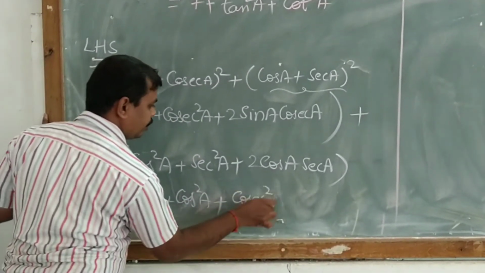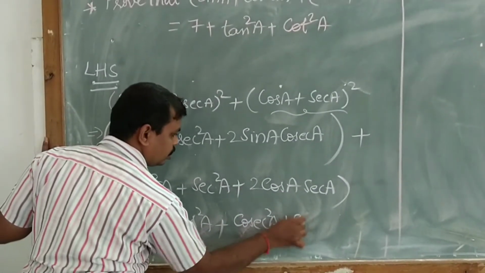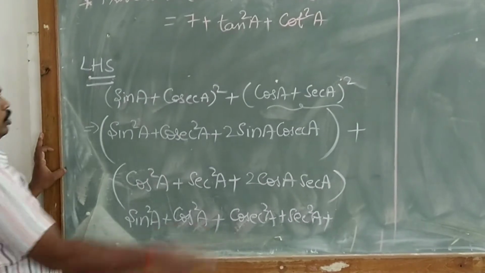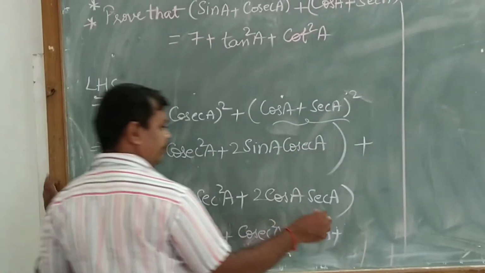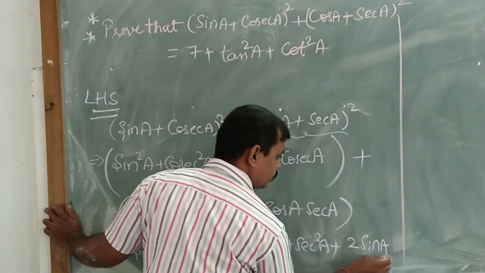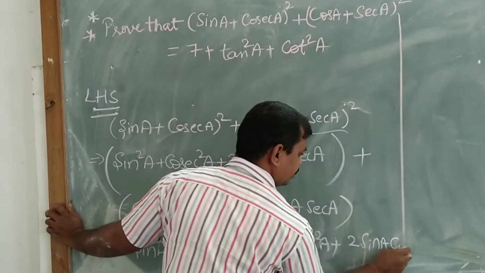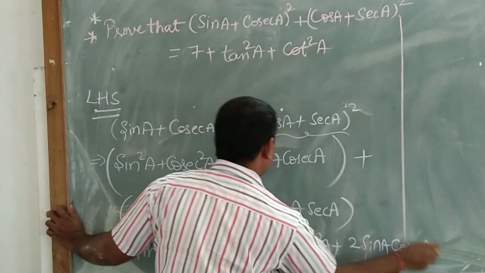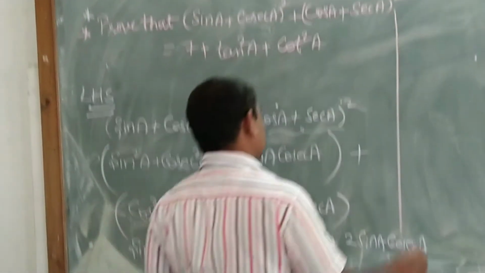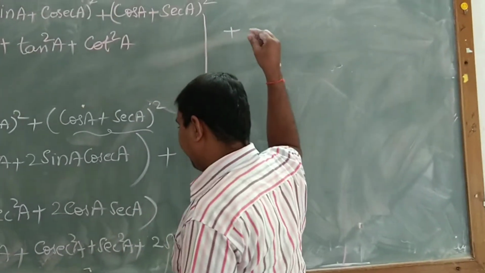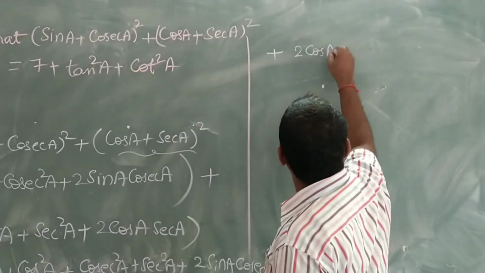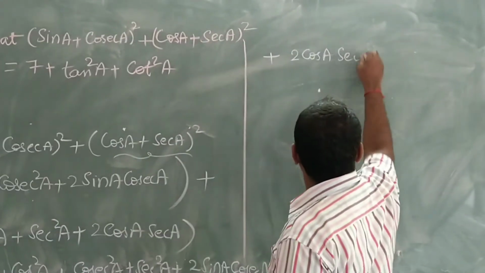Plus 2 sin A cosecant A, plus 2 cos A secant A.